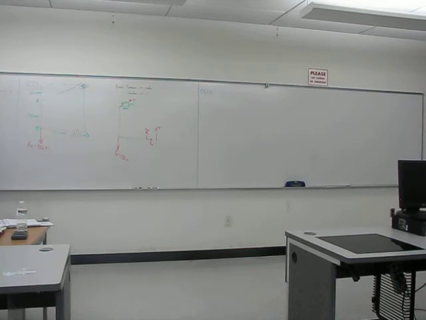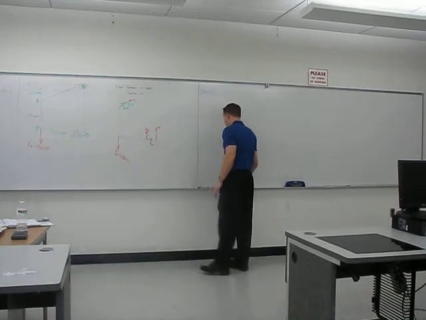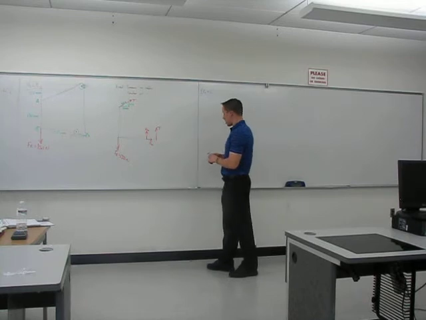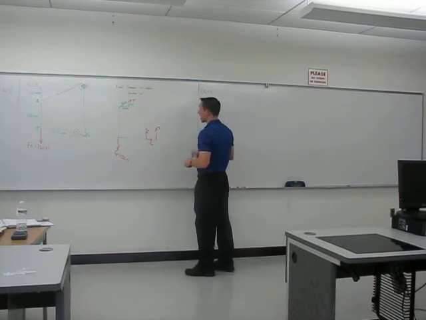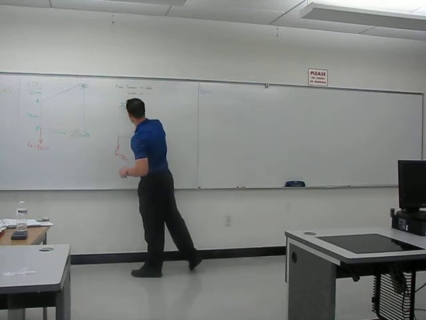All right, so now we should be able to start writing the equations. So for the x direction, let's say we have this tension at A, which will have some component in the x direction. It's going to be the tension times the cosine of the angle that we have right here.